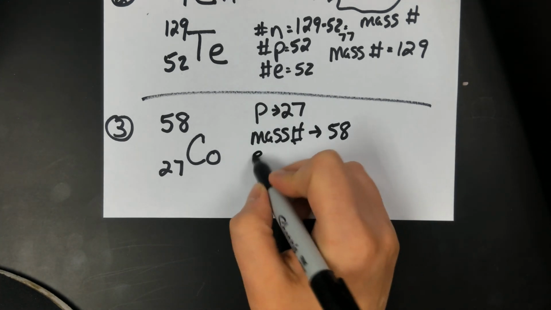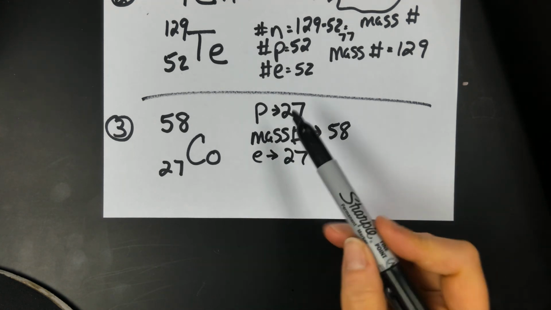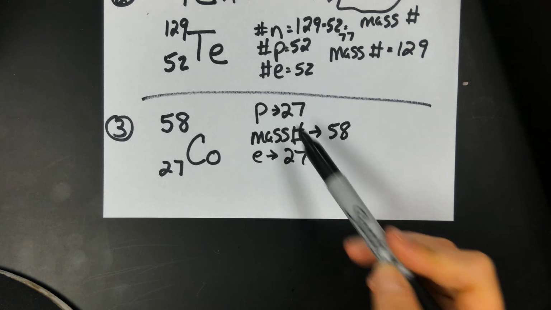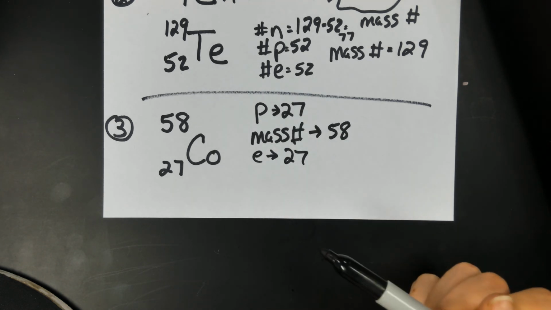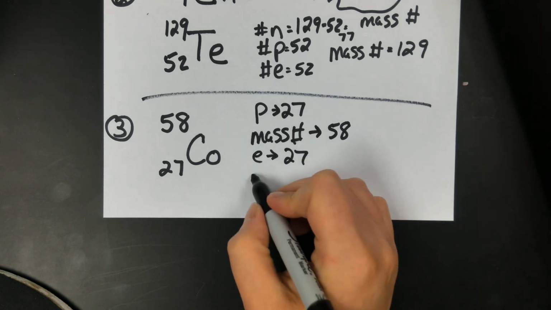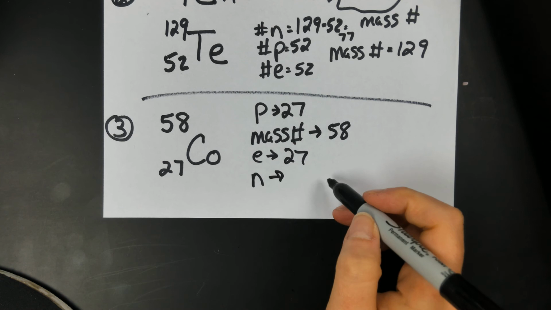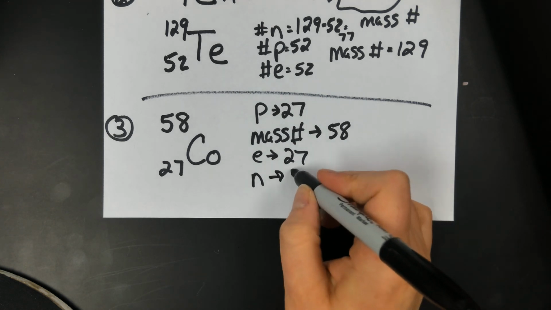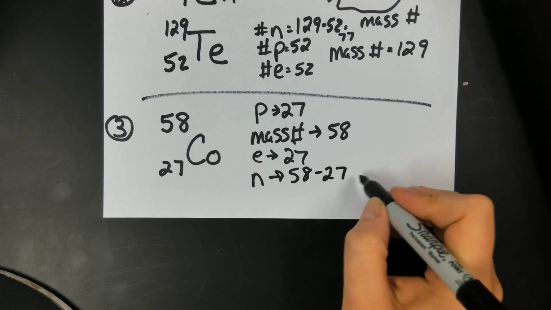How many electrons? 27, right? Because we need to have just as many positives to balance out the negatives to be neutral. Now the number of neutrons is the only one we really have to calculate, and that's going to be mass number minus number of protons. So it's going to be 58 minus 27. I think I can do that one in my head.